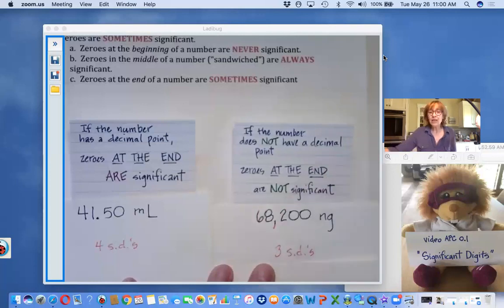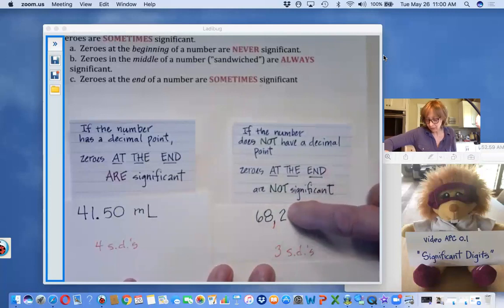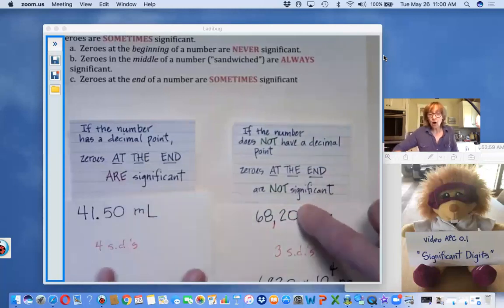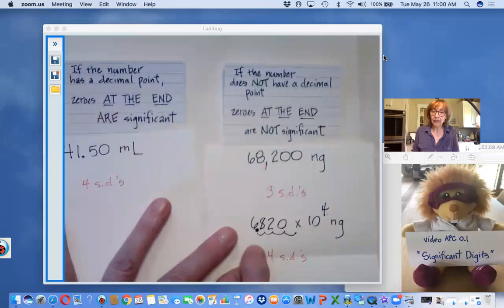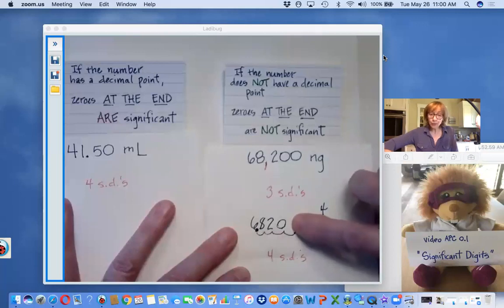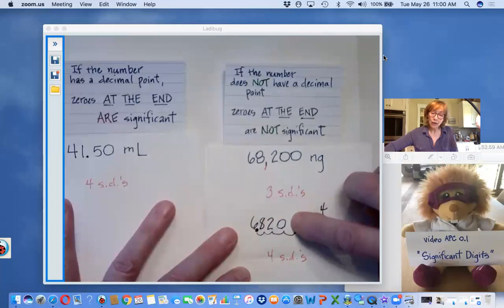68,100. Now, sometimes you want to tell the reader, you know what, I actually was certain of that 200 and I am estimating the tens. That's tricky, but you can always record the number using scientific notation, 6.820. That number has a decimal. This trailing zero counts.